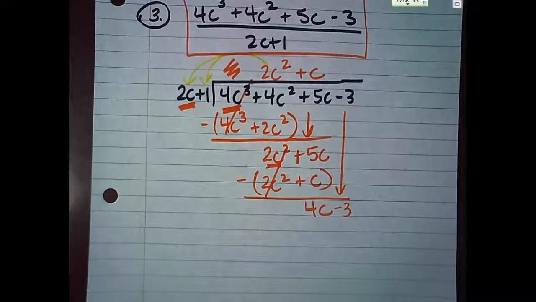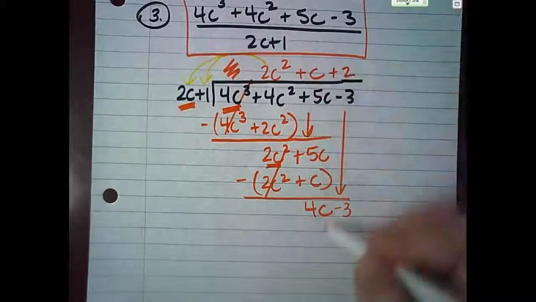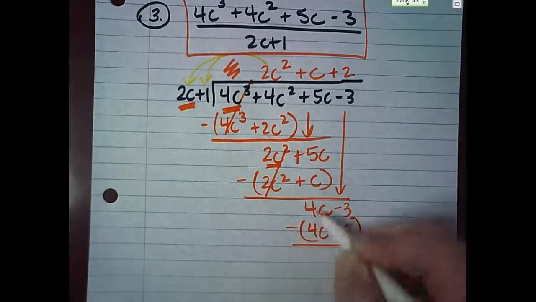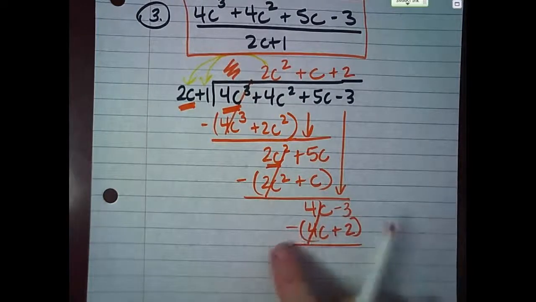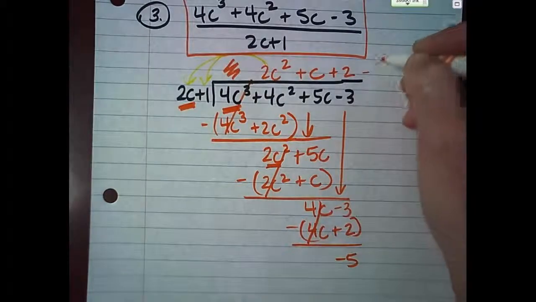Okay. What'd you pick? What goes here? 2. So you get 4c plus 2. Negative 3 minus 2 is negative 5. When you write your answer, we're going to put negative 5 over what?